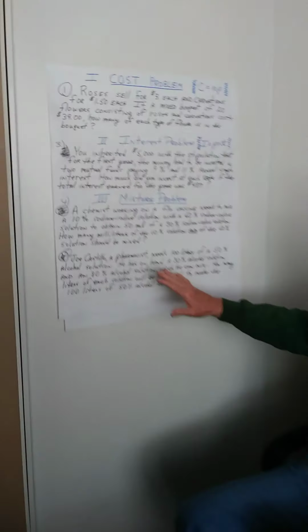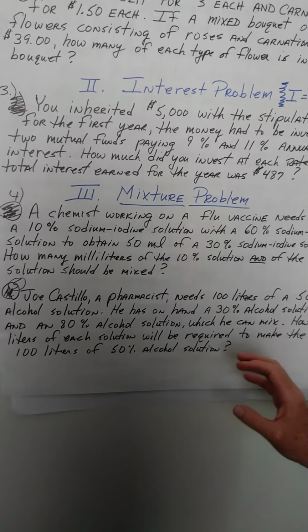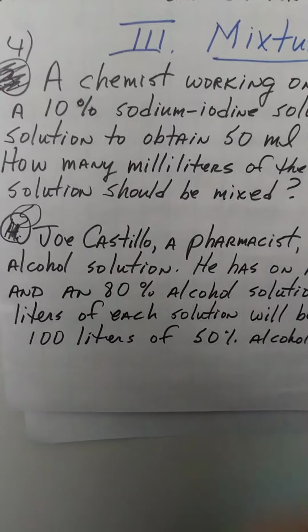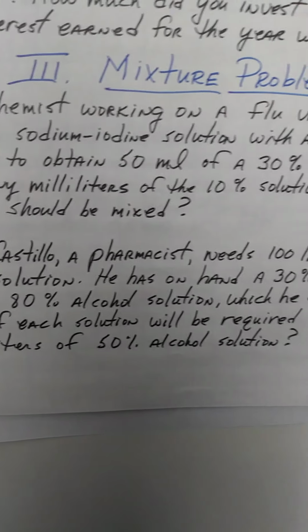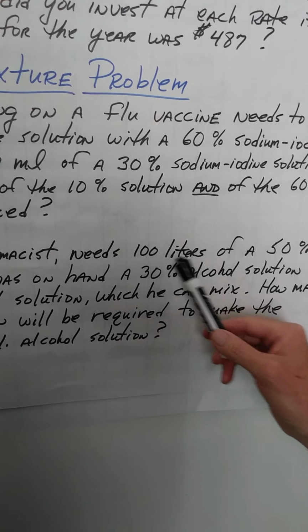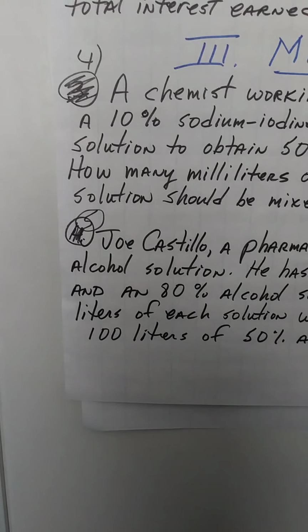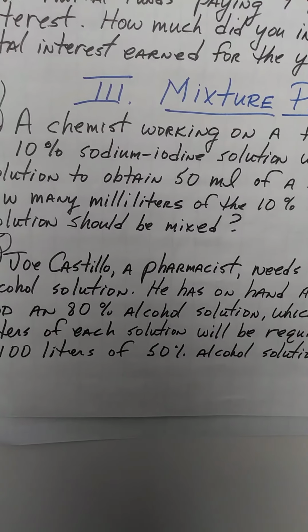It is number 5 on the list of 7 that we already emailed you in regards to the word problems. Joe Castillo, a pharmacist, needs 100 liters of a 50% alcohol solution. So the ingredient that we're talking about in number 5 is alcohol.